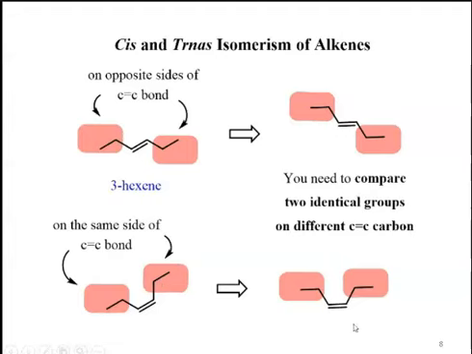To make it simpler, we can represent the same structure like this also. Here we can clearly observe the two similar functional groups lying on the same side of the plane, that is above the plane. In the first structure they are lying opposite; here they are lying on the same side.